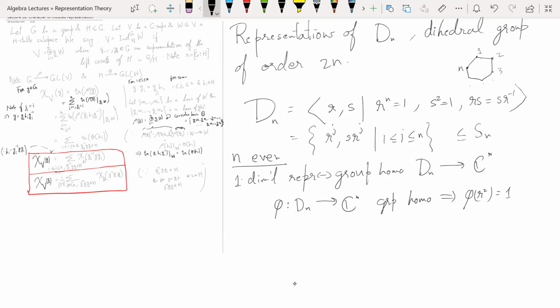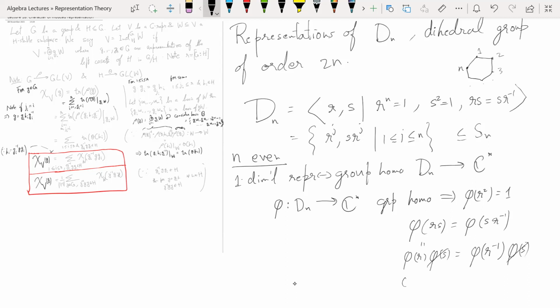So that tells you that phi of RS is phi of SR inverse. Dn may be non-abelian, but C star is. So this is phi R phi S, or phi S phi R, no matter which way you write it, is phi R inverse phi S. And you cancel it out.